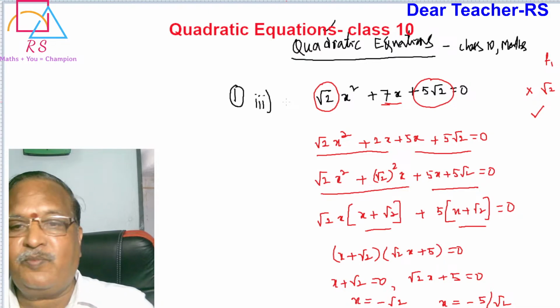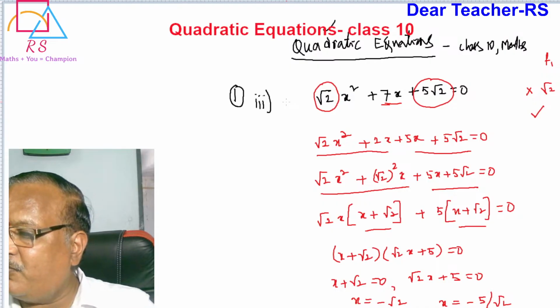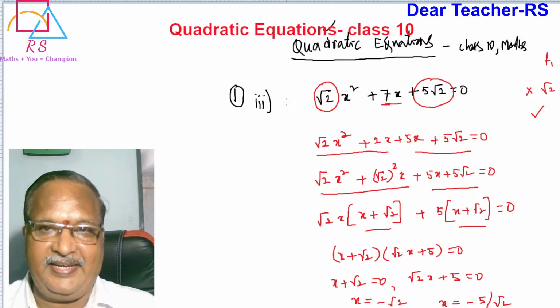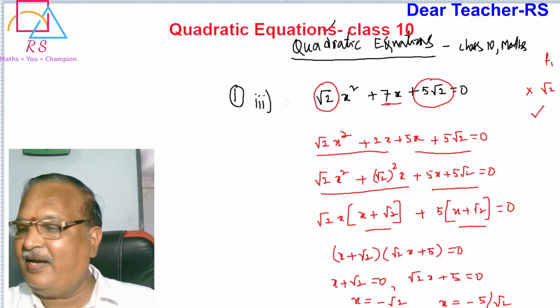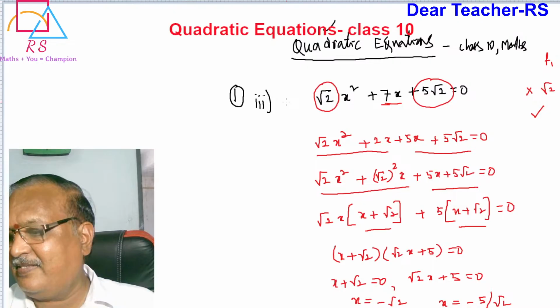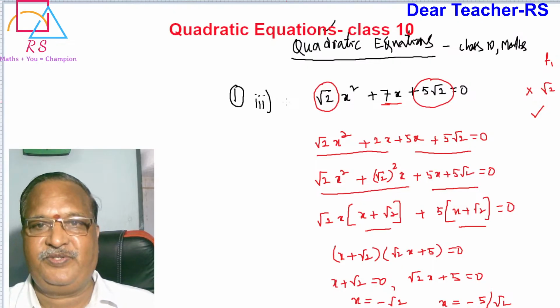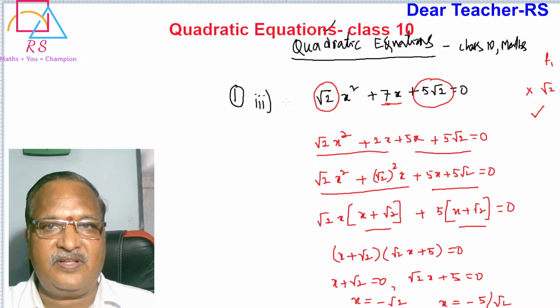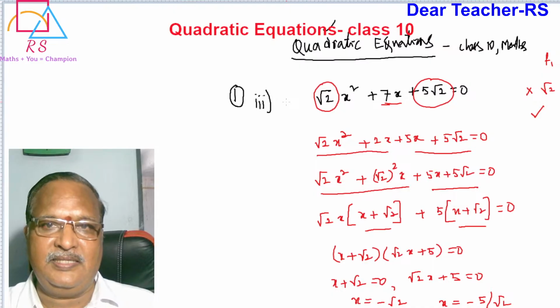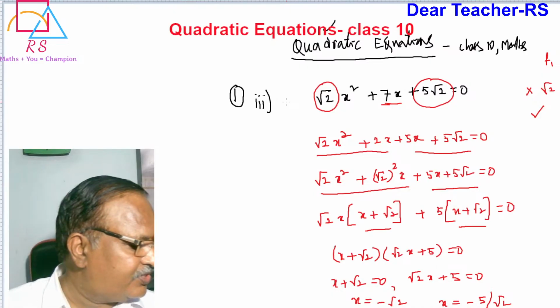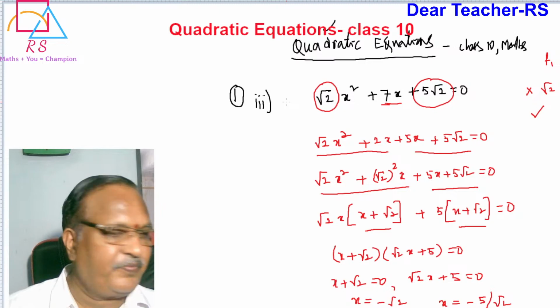There are 2 word problems. In the 2 word problems, there are 2 quadratic equations, and those 2 quadratic equations you have to solve. Even the second question comes under the first question, because a separate focus is given on this factorization problem, finding the solution. You have to learn this, and definitely these questions will come in the examination. Okay?